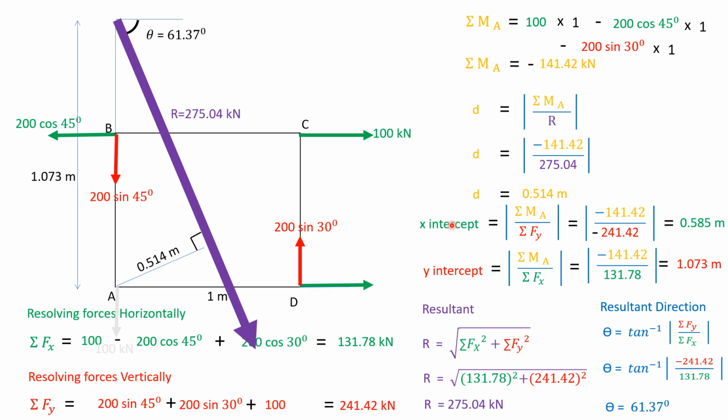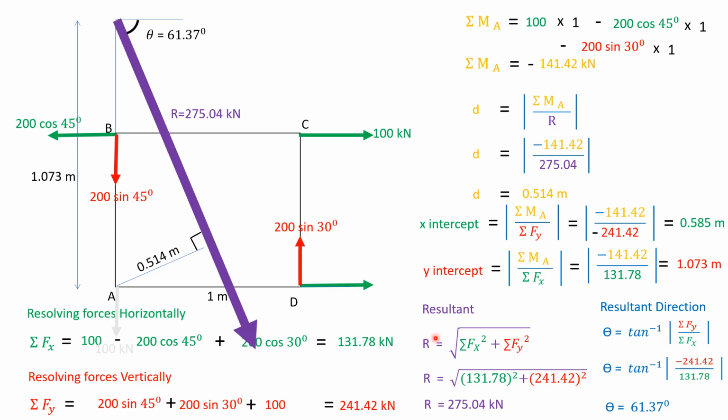The x-intercept is given by summation MA by summation Fy, so we get the x-intercept as 0.585 meters. The y-intercept is given by summation MA by summation Fx. Substituting the summation Fx value, we get the y-intercept. The resultant we have calculated already.